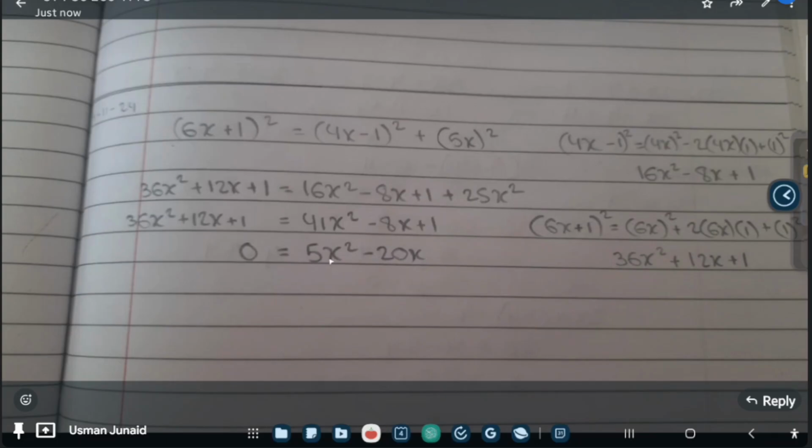So, yes, you've got 5x square minus 20x is equal to 0.